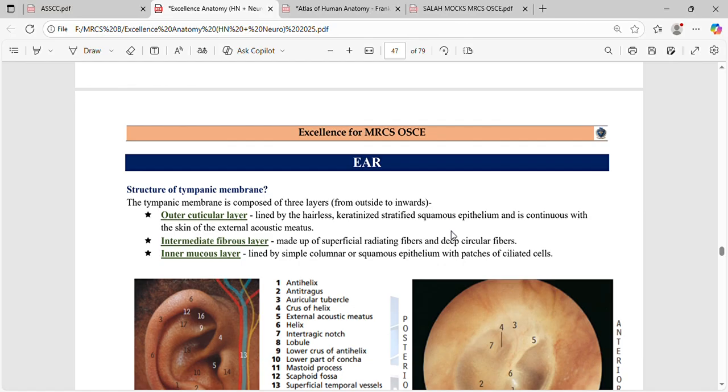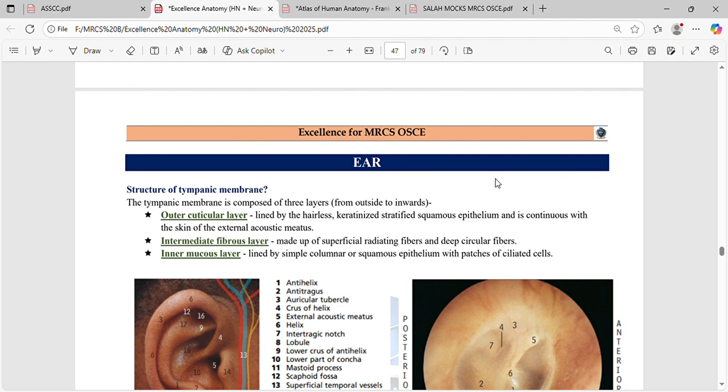The outer cuticle layer is lined by hairless keratinized stratified squamous epithelium and is continuous with the skin of the external acoustic meatus. Then the intermediate fibrous layer is made up of superficial radiating fibers and deep circular fibers, and then we have the inner mucous layer.